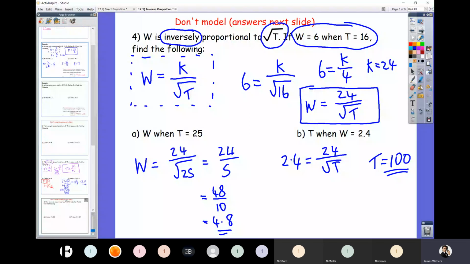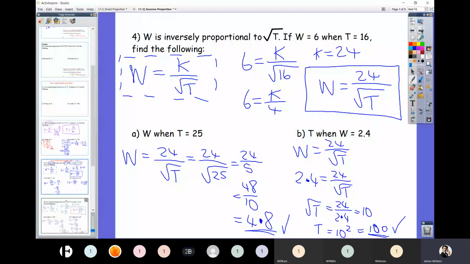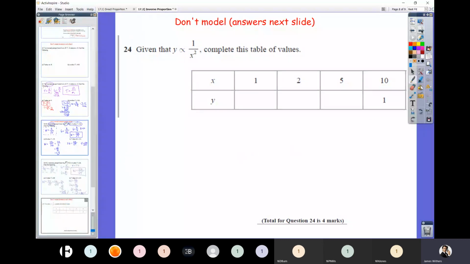Okay, and then I won't do the last one. None of them come up like this on your Dr Frost, but people were getting a bit psyched out when a question like this came up. This proportional sign can be used, but you just really translate that into saying, okay, so y equals a constant times 1 over x squared.